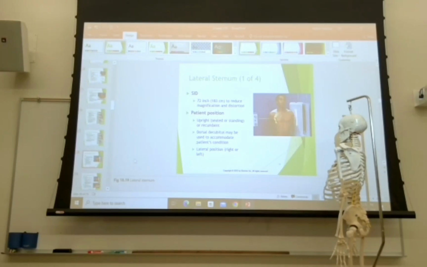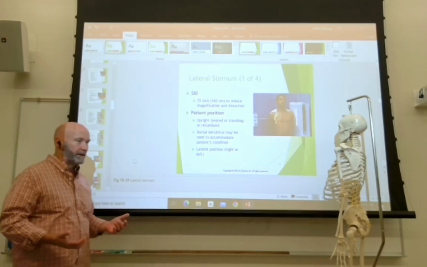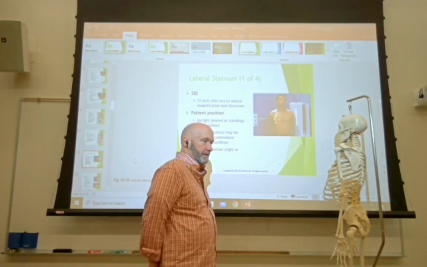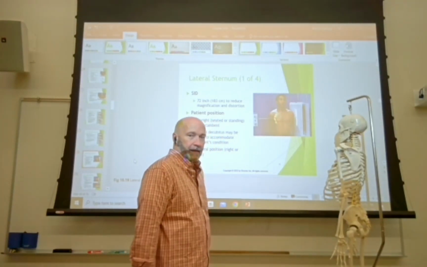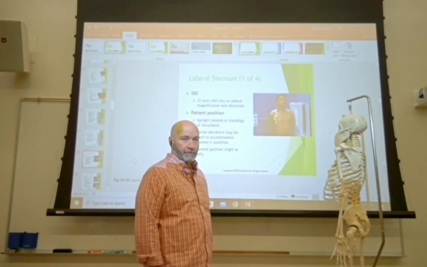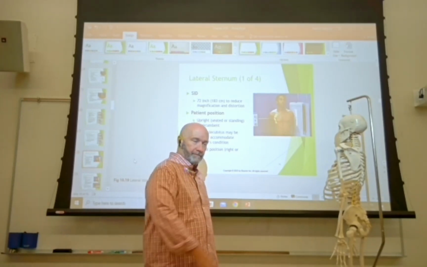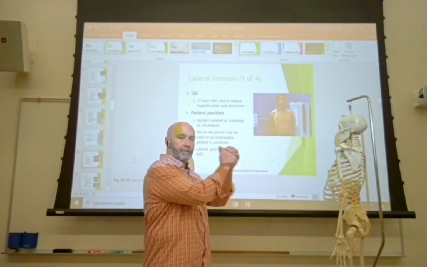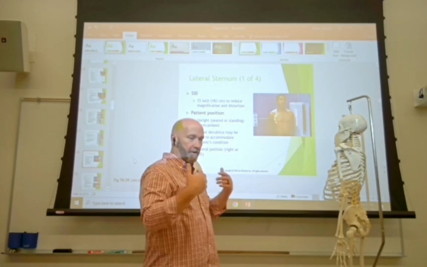Putting them on their side, you introduce a lot of soft tissue that is hard to get out of the way. With them laying on their side, they can't really lay with their arms down to their side completely, because to do so, they would lay on their arm that's closest to the image receptor, right? If they put their arms out in front of them, now they've got all that soft tissue.